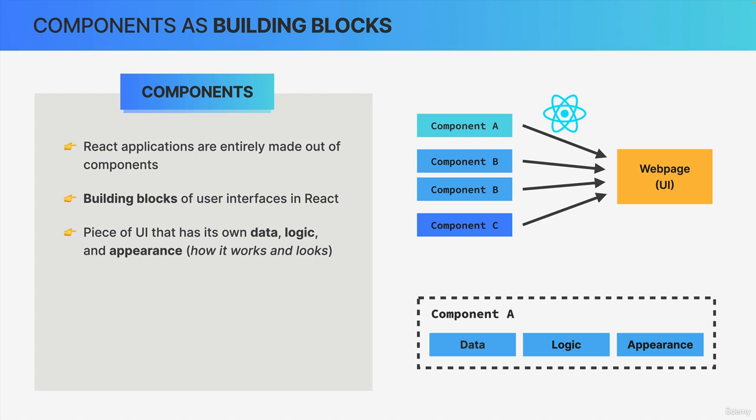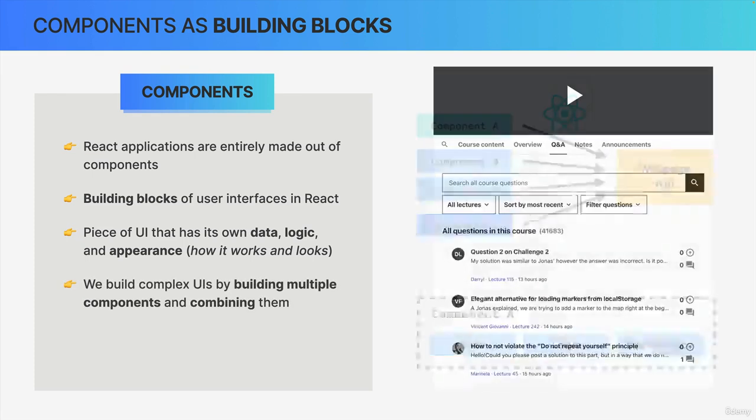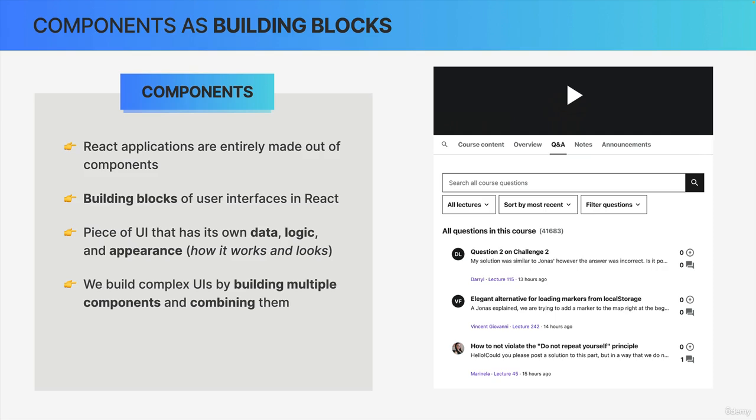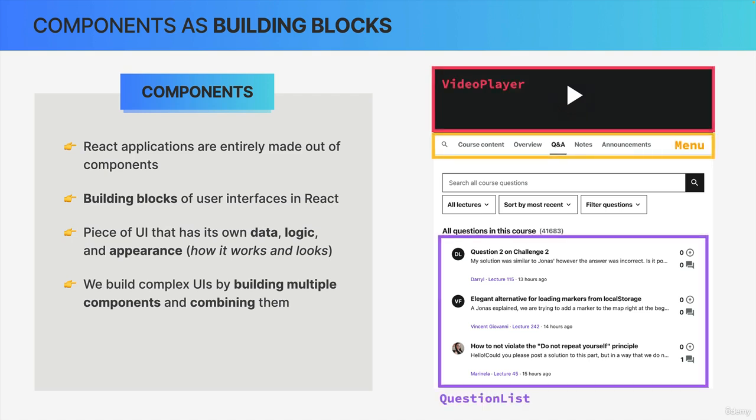And speaking of building user interfaces, based on what we have just learned, it makes sense that in React, we build complex UIs like this one by building multiple components and then combining these components like Lego pieces. So here we can identify components like a video player, a menu, this questions list, and also this part where we can refine the displayed questions.